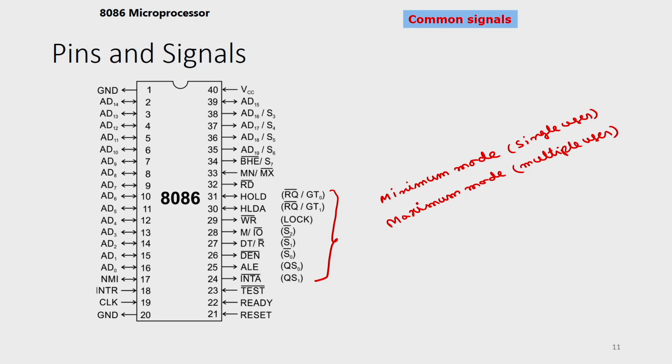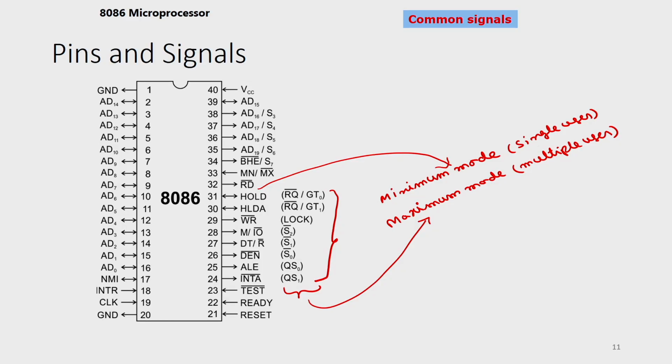In that case we have to operate the 8086 in maximum mode, and for a single user in minimum mode. In any case, except for these 8 signals, the remaining signals are common whether it is minimum mode or maximum mode. This set of signals is only for maximum mode, whereas this set of signals are minimum mode signals.